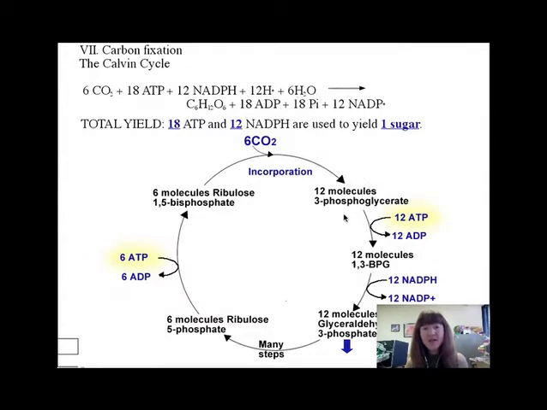And notice that this then makes something that looks familiar to us. It makes a molecule called 3-phosphoglycerate. And hopefully everybody's working on their metabolism posters, and you recognize that as an intermediate of glycolysis. In fact, it's the intermediate of glycolysis that's formed in step 7 when 1,3-bisphosphoglycerate is hydrolyzed to make ATP. So look at this.